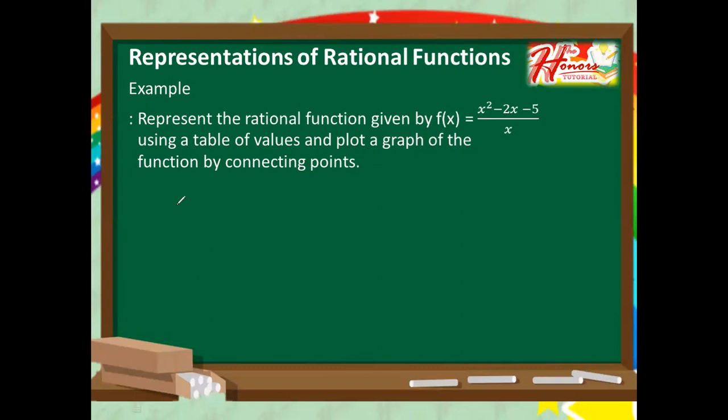That is 0. So therefore, we are going to avoid the value of x which is 0. We will not include it in our table of values because it will make our equation an undefined equation. And we don't want that. So therefore, we will be having this table of values.